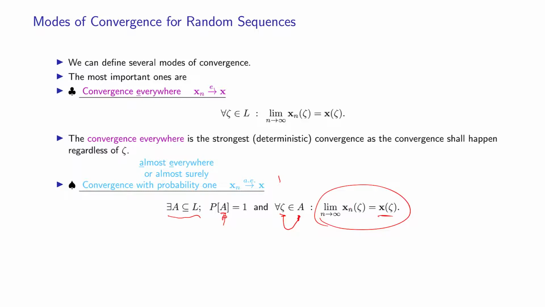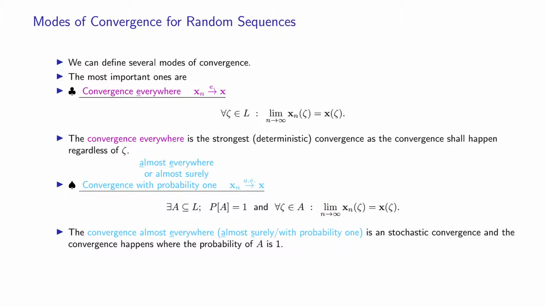In other words, for those points outside A, you may have no convergence, but for those points with non-zero probability, you have this convergence. If you have the first type of convergence, automatically this type is implied, but not the other way around. We'll have some examples.